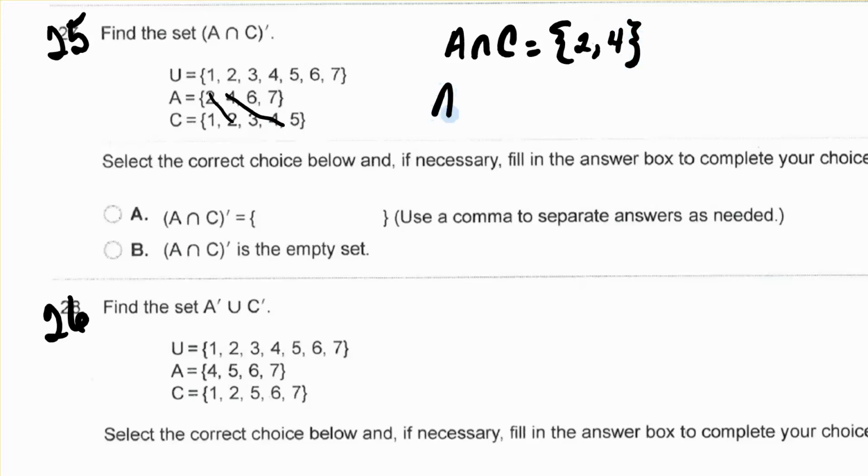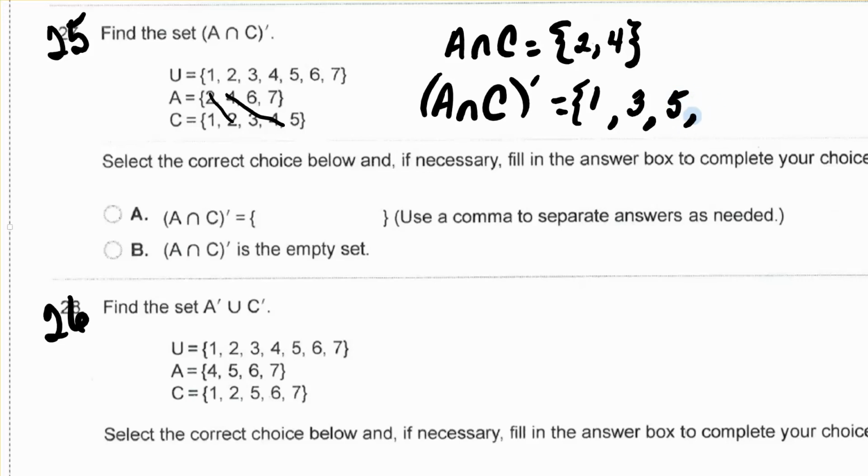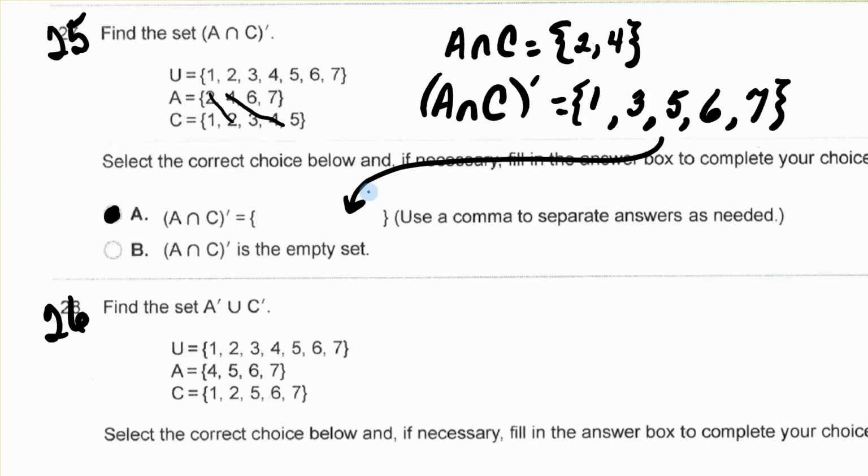Now, A intersect C complement is everything in the universe that's not in A intersect C. So as long as it's not these two numbers, it's in the complement. So I need a 1. I can't use 2. 3. Can't use 4. 5. 6. I think I've done that more than once. 6 and 7. And that's what you will type in right there.